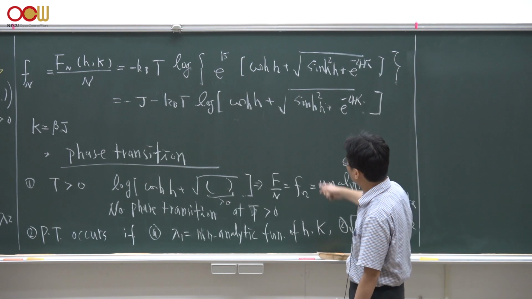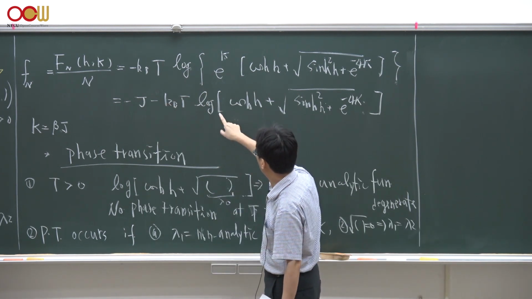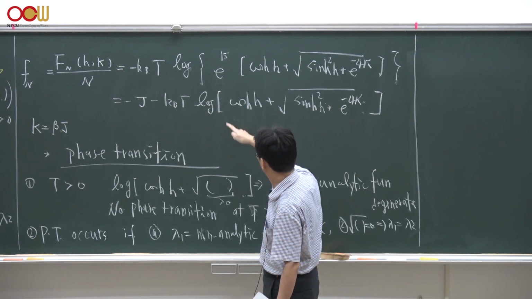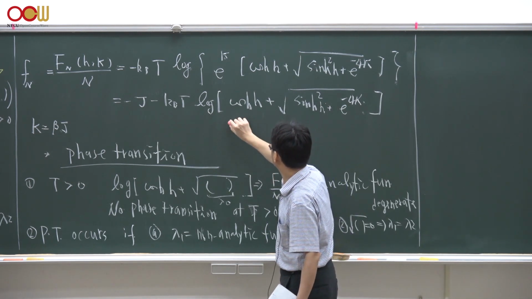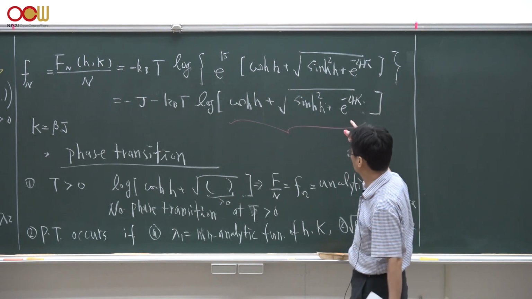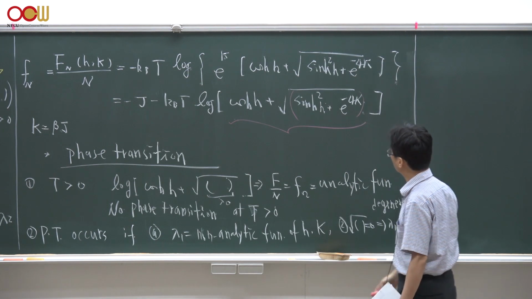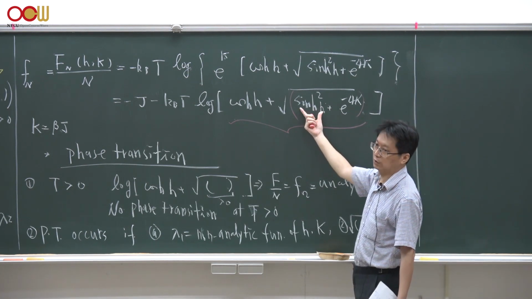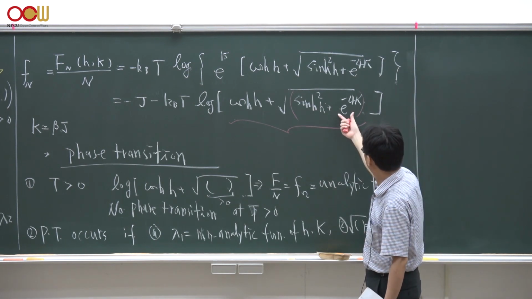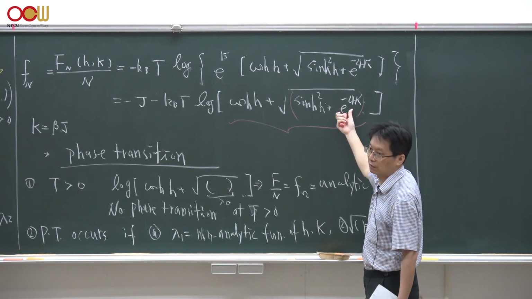However, if you look at this little f here, the first term is of course just a constant. And the key function is a log function. And you know very well that all these h and k are positive values, and the square root is a positive value as well, because this is sinh squared, which is positive, plus e to the minus 4k, which is also positive.